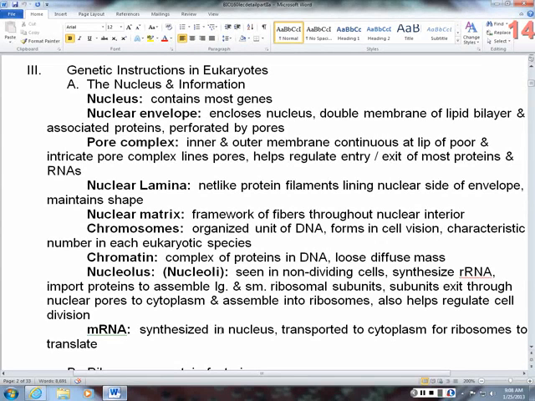The chromatin is the complex of proteins and DNA. It's the loose, diffuse mass of DNA in there. The way I like to think of it is the chromatin is kind of like when you have all your books and your materials out and you're studying, you can actually go in and access the things.